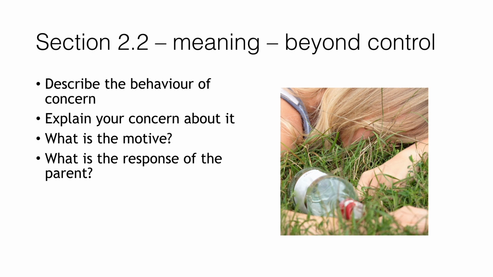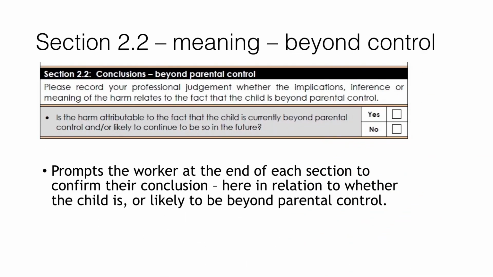And in contrast, children beyond parental control and that lack of control indicating neglect and poor supervision by the parents. Those are very different scenarios. The section finishes with a professional judgment conclusion. Is the harm attributable to the fact that the child is currently beyond parental control or likely to be in the future? It is again directly related to the underpinning law, in this case Section 31(2)(b)(ii) of the Children Act 1989.